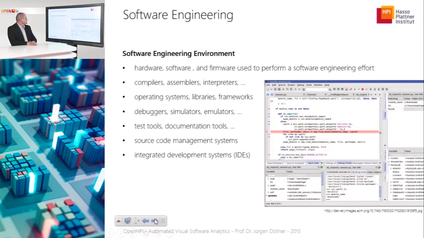It includes also operating systems, libraries, or frameworks for software development. It's complemented by several tools such as debuggers, simulators, emulators. Software development also requires test tools, documentation tools, and even source code management system repositories that help to handle this multi-person process of developing a complex software system.